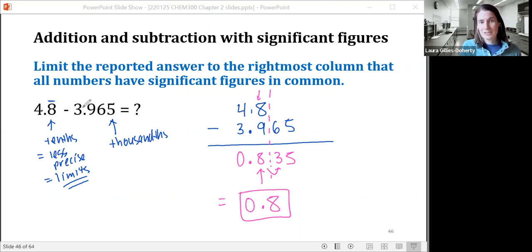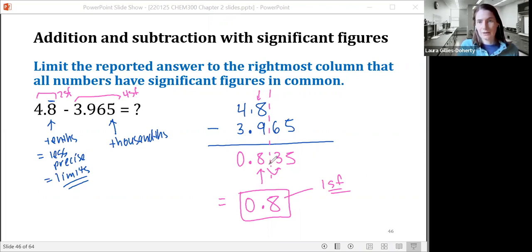And so when you're doing addition and subtraction, it's a little tricky because unlike multiplication and division, where your number of sig figs in your final answer is going to match one of your other numbers in the problem, here that's not necessarily true, right? We started out with a number that had 2 sig figs minus a number that had 4 sig figs, and we ended up with a number that only has 1 sig fig. It's not based on just the pure number of sig figs, it's based on where they're located.